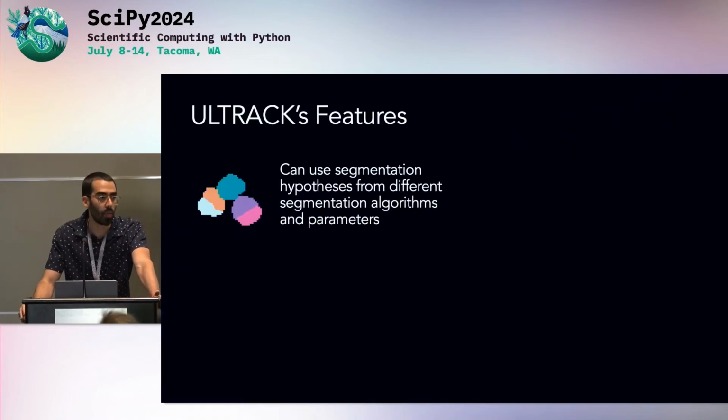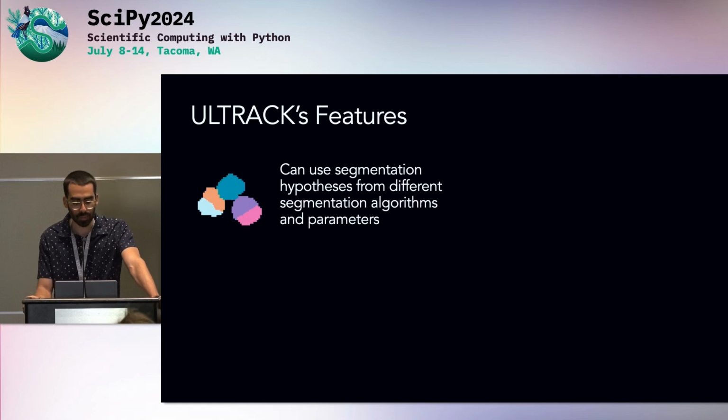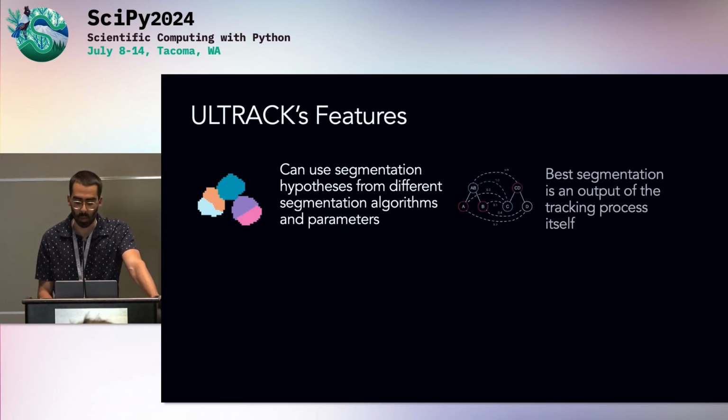Because of that, we proposed Ultrack, a new software for joint segmentation and tracking. We obtain a multiple set of segmentation hypotheses, which could come from different algorithms or different parameters. Then, using the temporal information, we try to find the best segmentation and obtain the tracking at the same time.